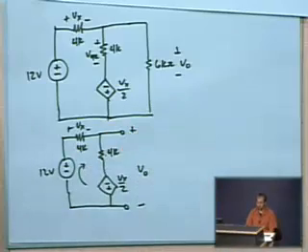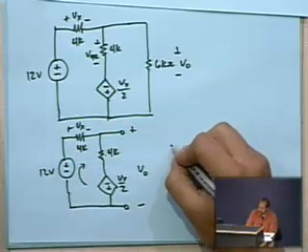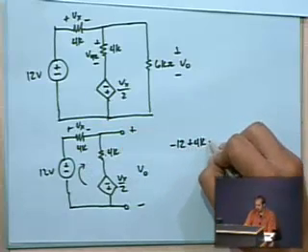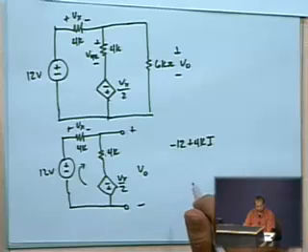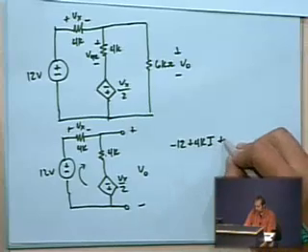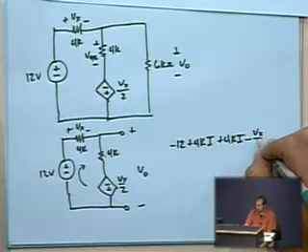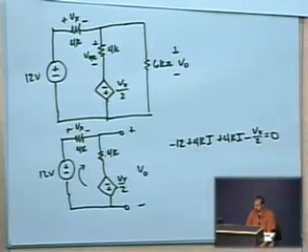So let's write the KVL equation. We'll walk around in a clockwise fashion. We get -12 volts plus 4K times whatever the current is, I, plus another 4K times I, minus Vx over 2 equals 0.